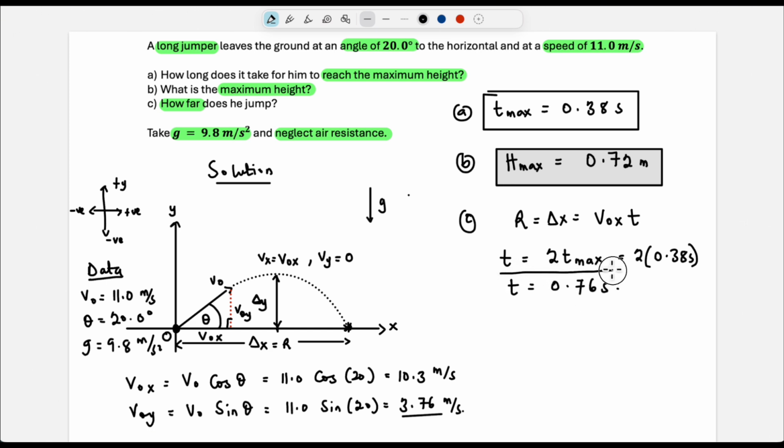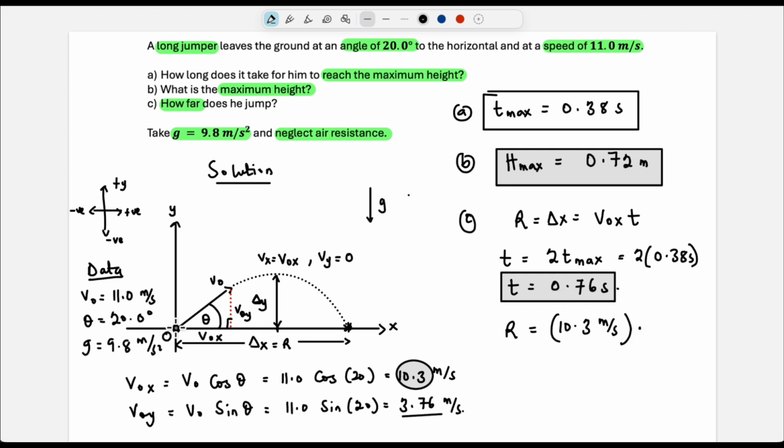So with this time, we can then use it to calculate the range of this motion, because we already know v naught x to be 10.3 meters per second. So the range, or how far he jumped, is going to be v naught x, 10.3 meters per second, times the time of flight.